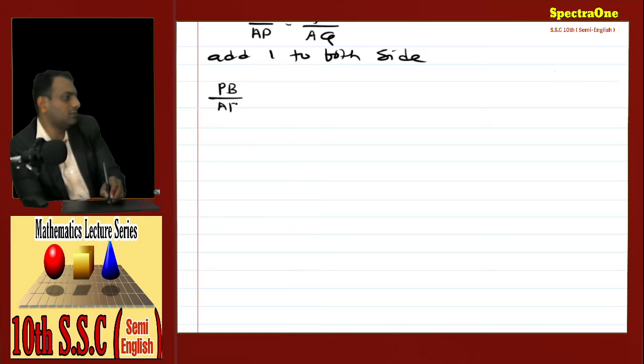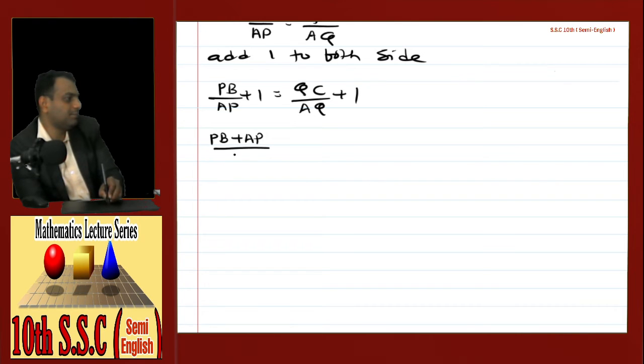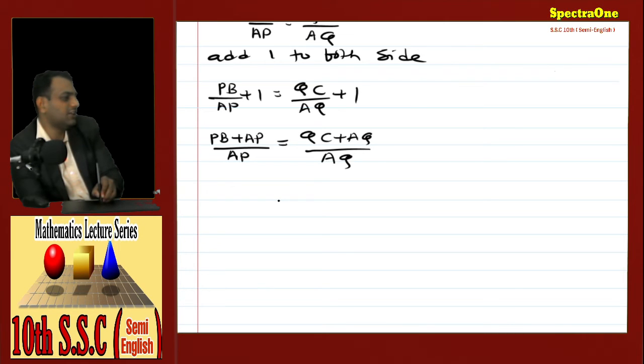PB upon AP plus 1 equals QC upon AQ plus 1. Therefore, PB plus AP upon AP equal to QC plus AQ upon AQ.